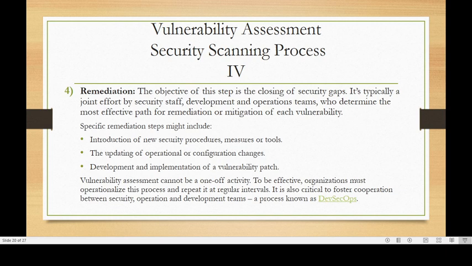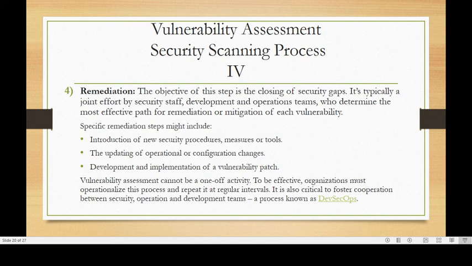The final step of the process is the mitigation. The objective of this step is to close security gaps. It is a joint effort by security staff, development and operations teams, determining the most effective path for mitigation of each vulnerability.